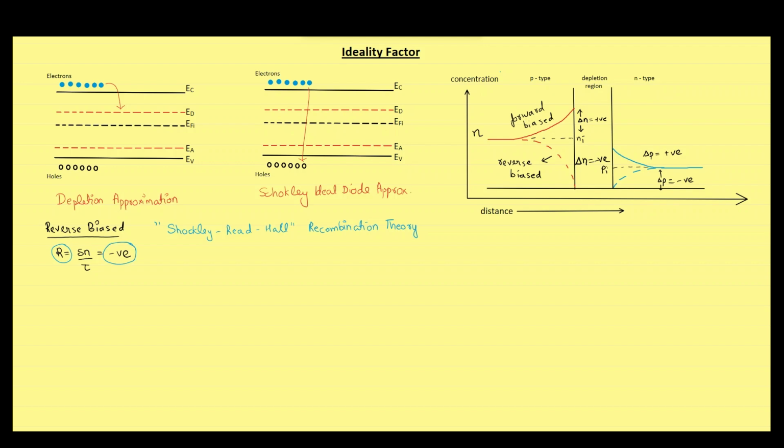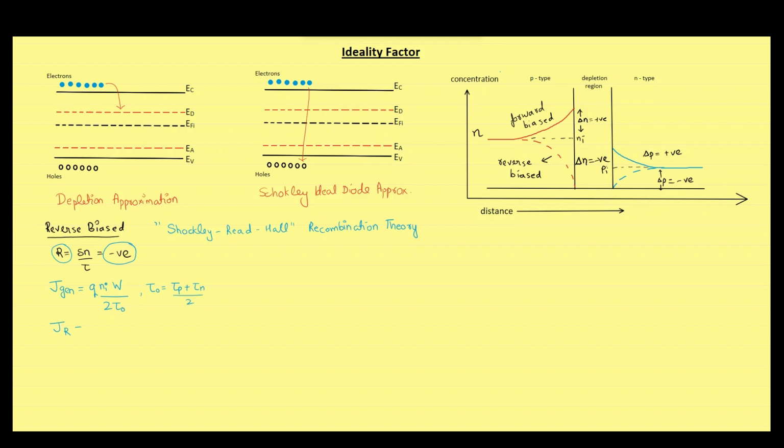Negative recombination means positive generation rate. Therefore, in the depletion region, we have a generation current with generation current density equal to charge multiplied by intrinsic carrier concentration multiplied by depletion width divided by 2 tau naught. Here, tau naught is equal to the average of carrier lifetime of free electron and hole.